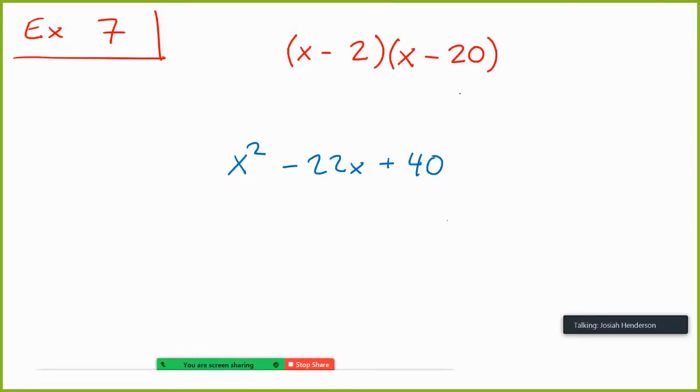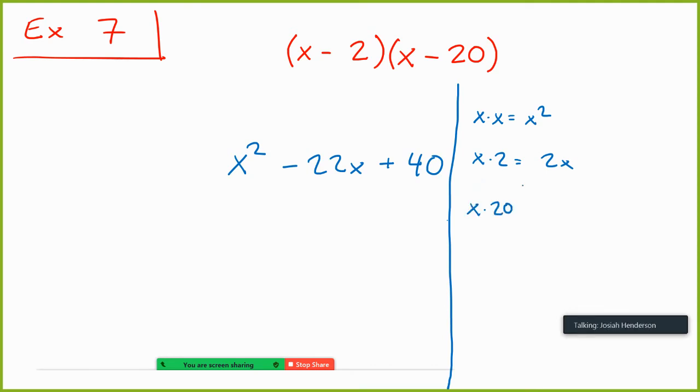Do you want to walk us through step by step on that one? Yeah, sure. So I got the x squared because there's two x's, so that'll be x to the second power. And then I did x times 2, which is 2, and then x times 20 is 20. Were those negatives or positives?